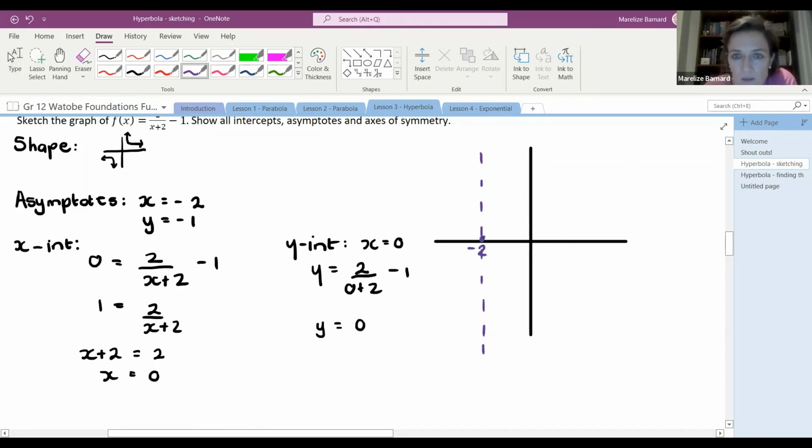It's minus 2. And then y is minus 1. And we are drawing in the first and the third quadrant.